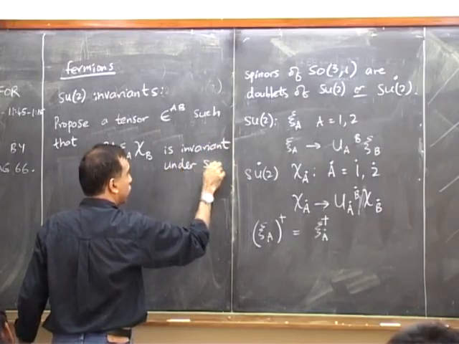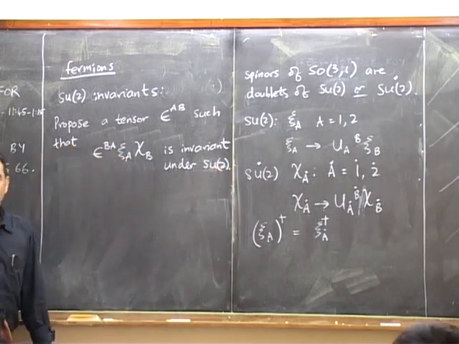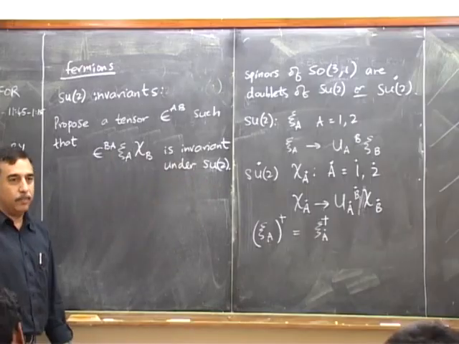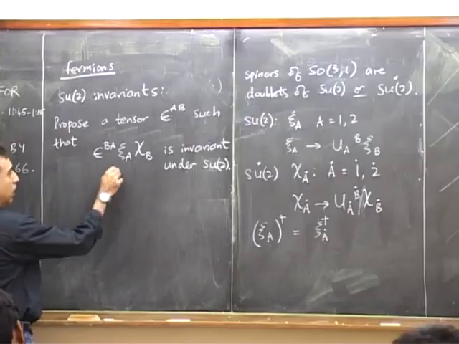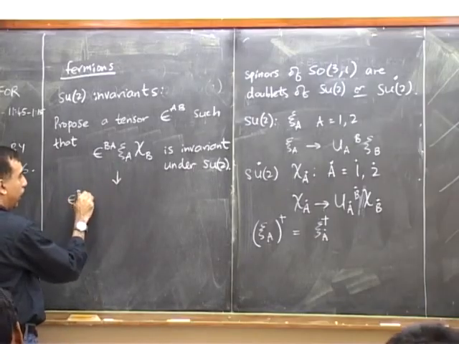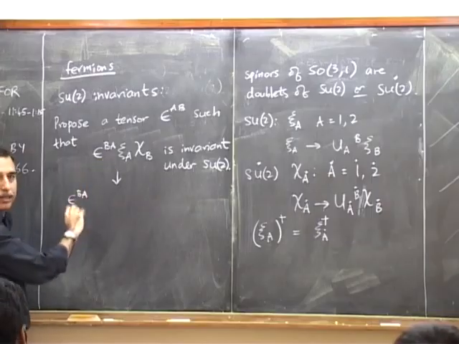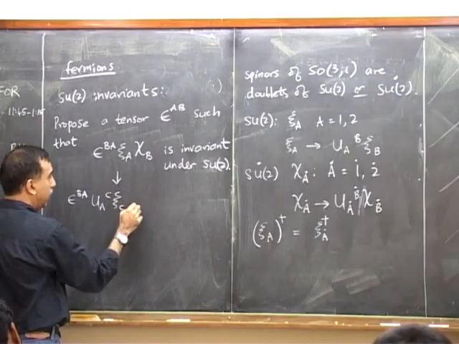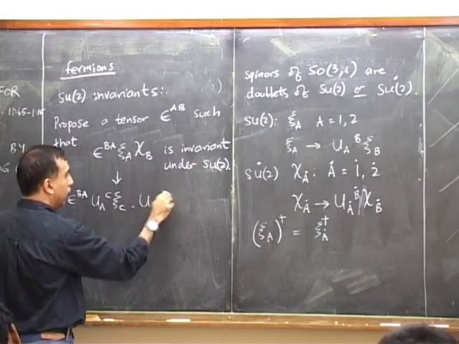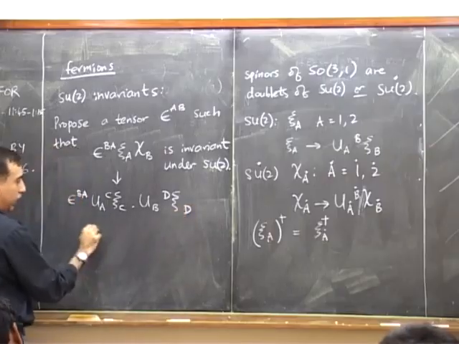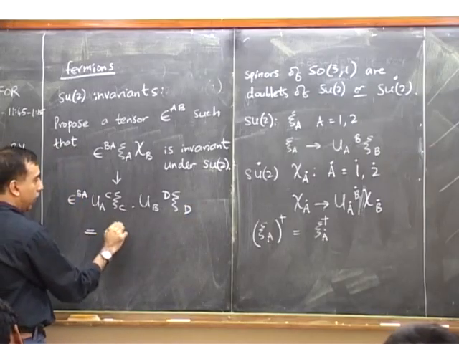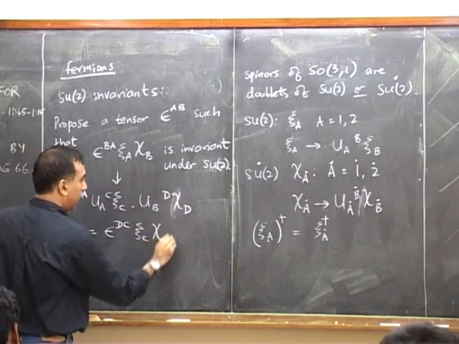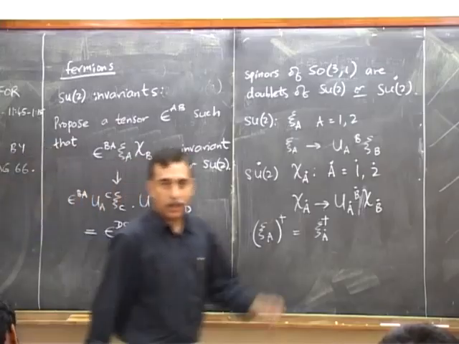Of course, it's invariant under SU2 dot because nothing here transforms under SU2 dot. But we'd like this to be invariant under SU2, and that should determine epsilon. Okay. So, of course, under SU2, what does this go to? It goes to epsilon BA, which is just a constant, some numerical tensor which we have to determine. And then this goes to U_AC psi C, and this goes to U_BD psi D. And the invariance condition is that this same thing should be epsilon BC psi C chi D. Okay, so that's the condition we require.